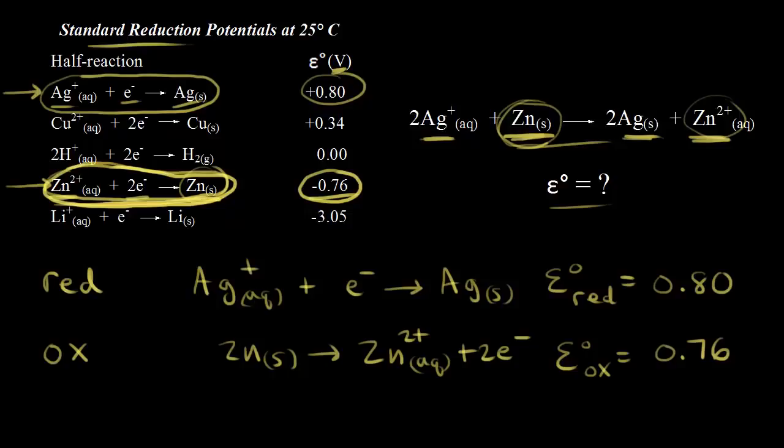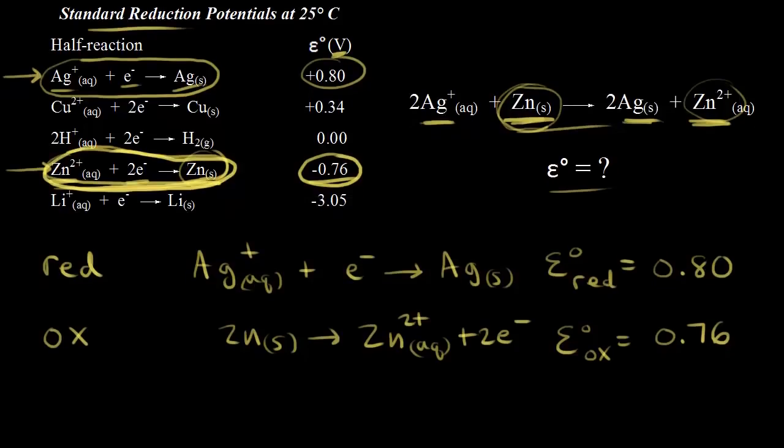Next, we need to look at moles. So if we look at our reaction, we have 2 moles of silver ions being reduced to 2 moles of solid silver. Down here we have 1 mole of silver ions being reduced to 1 mole of solid silver. So we need to multiply everything by 2 here. So we get 2 moles of silver ions, which require 2 moles of electrons to turn into 2 moles of solid silver.